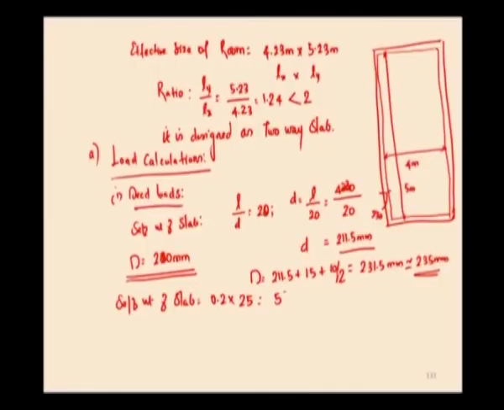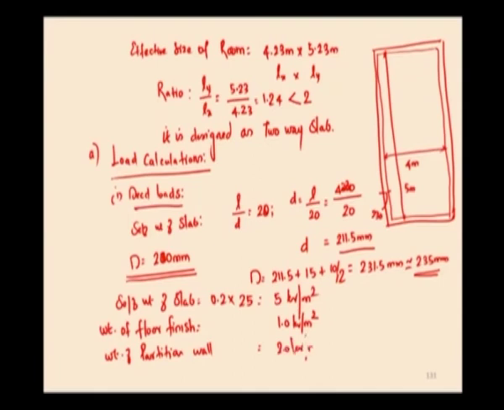So self weight of the slab is 0.2 into 25, that is equal to 5 kilonewton per meter square, and the weight of floor finish given in the problem is 1 kilonewton per meter square, and the weight of partition wall is 2.0 kilonewton per meter square.